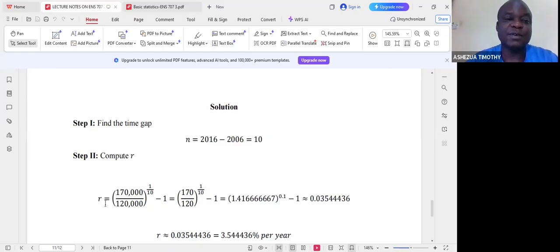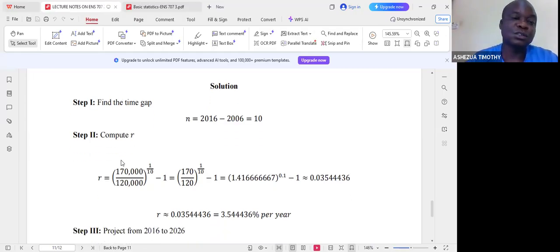Now the next thing we're required to do is to compute the growth rate, which is R. And our R is equal to P2 all over P1, bracket open and close, raised to the power 1 all over n, minus 1. In this case, our P2, according to the 2016 census, is 170,000, and our P1, according to the 2006 census, is 120,000 persons.